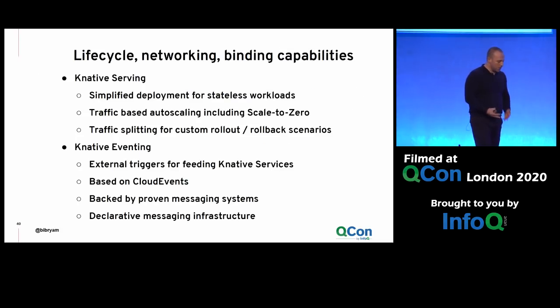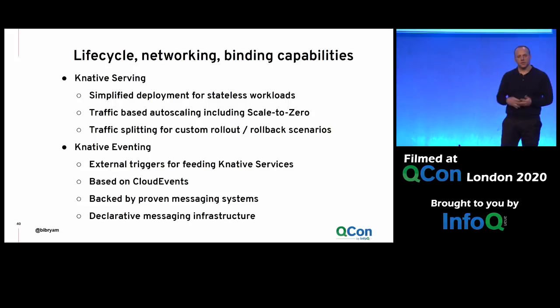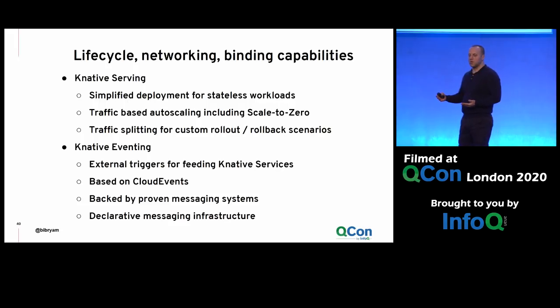From our needs point of view, I would say Knative satisfies few of those. So from lifecycle point of view, it gives our workload serverless capabilities, so ability to scale to zero and scale up, activate from zero and go up.